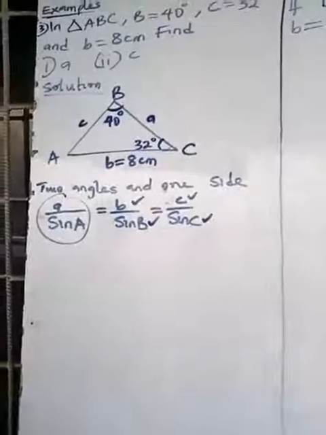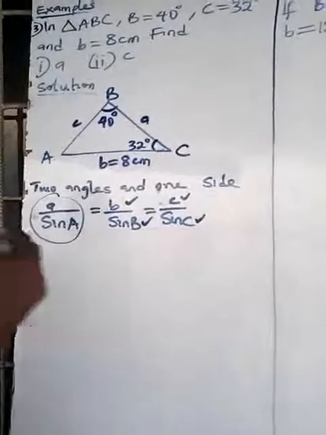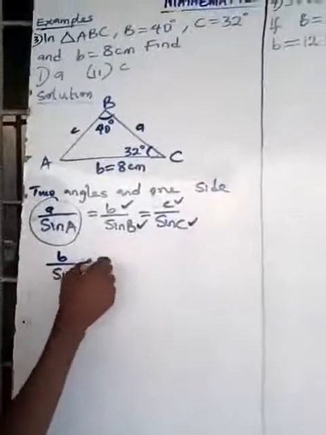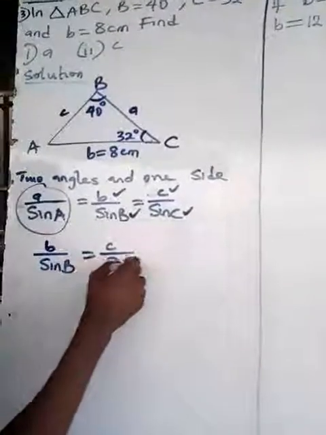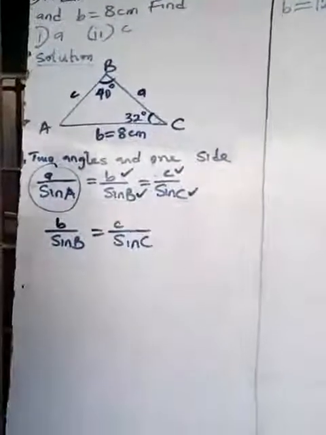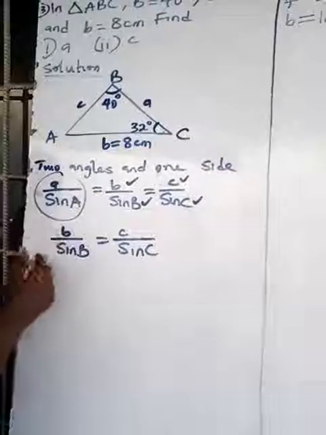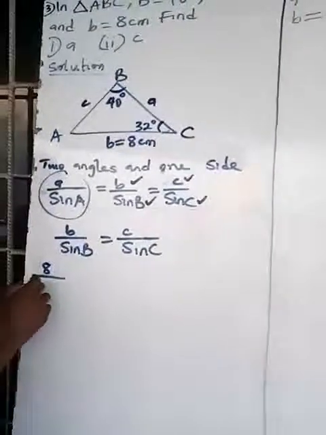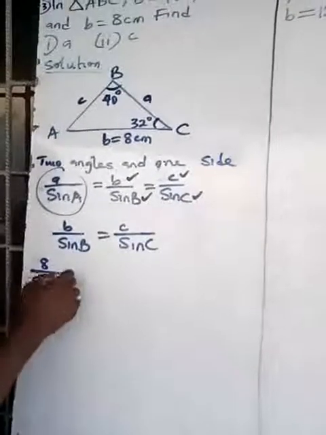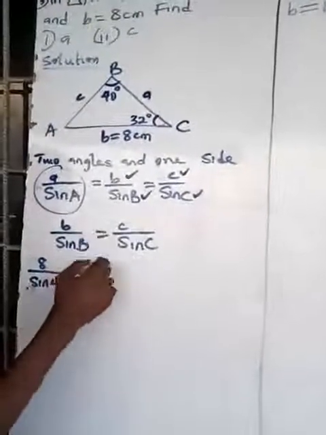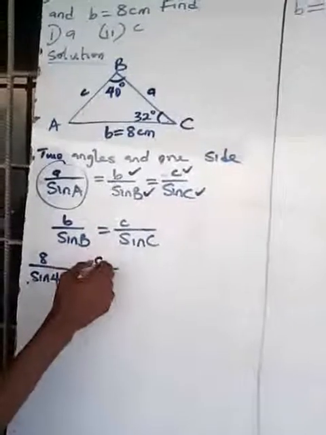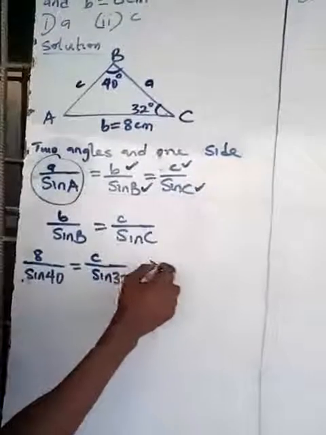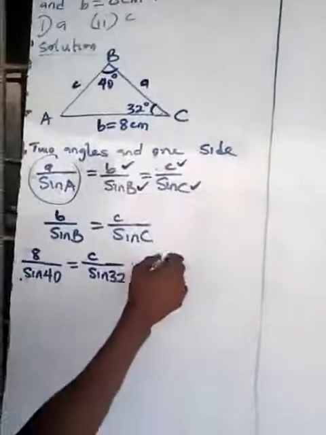So the sine rule we are using is b over sine B is equals to c over sine C. So b, that's 8, over sine 40 is equals to small letter c that we are looking for over sine 32.